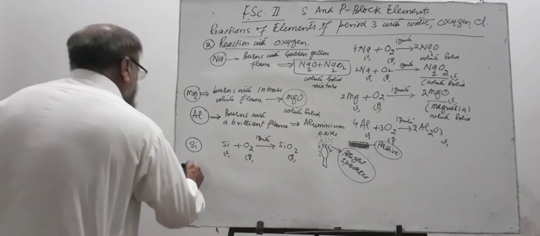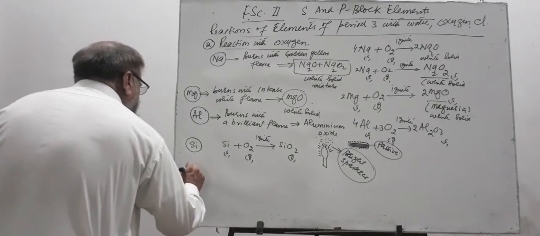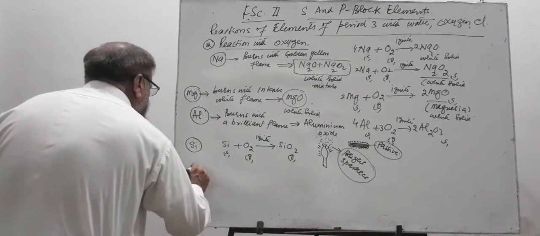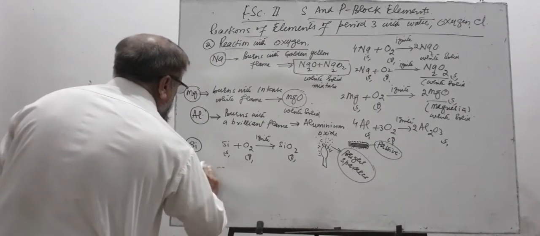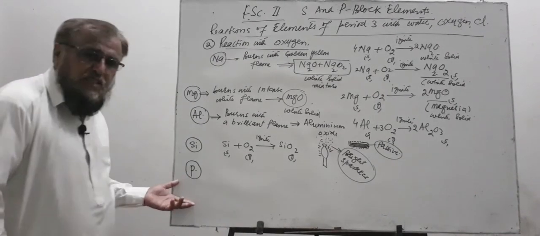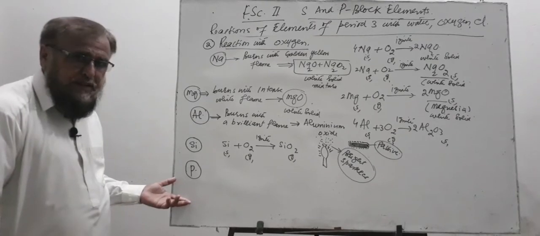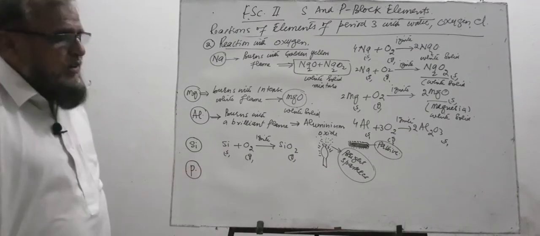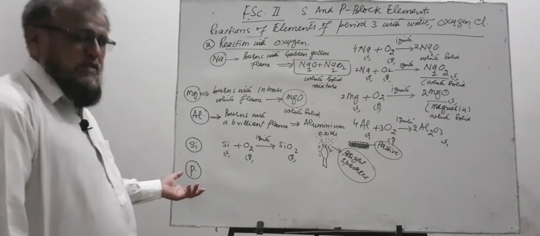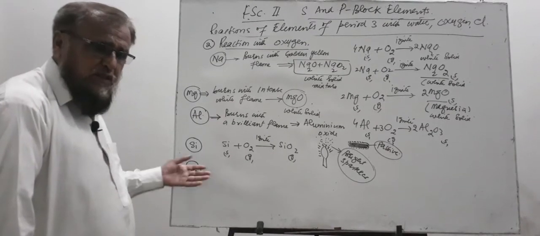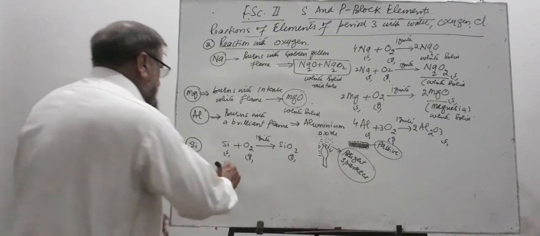Phosphorus, white phosphorus, catches fire spontaneously in damp air and produces a mixture of phosphorus pentaoxide and phosphorus trioxide. We get a mixture of phosphorus trioxide and phosphorus pentaoxide.